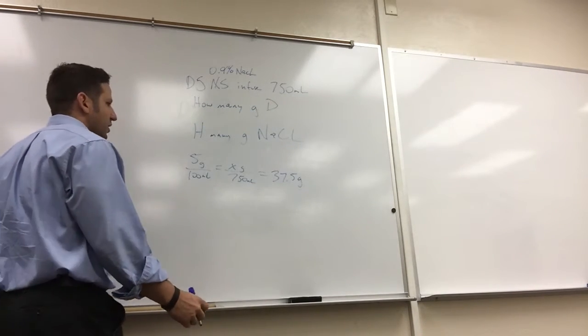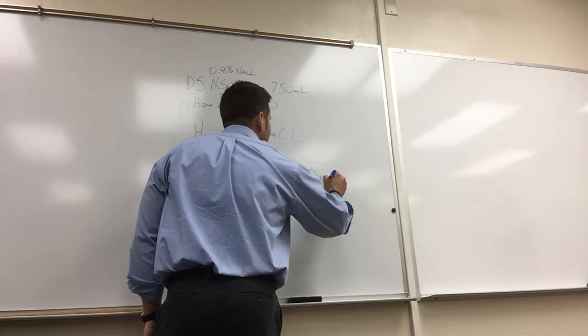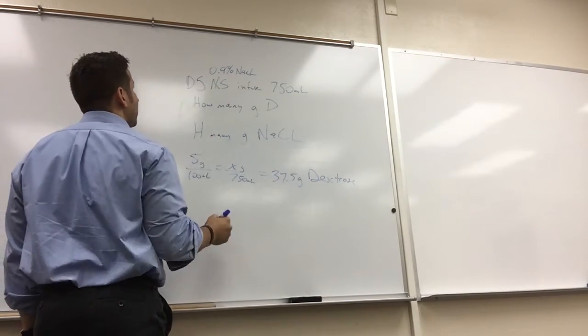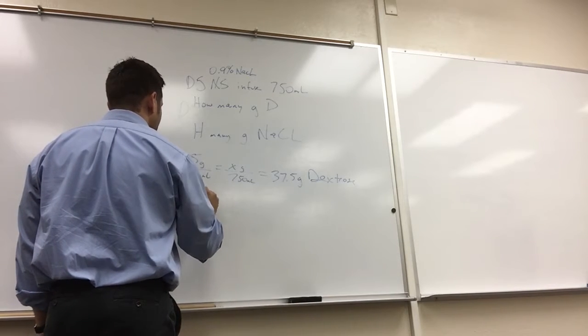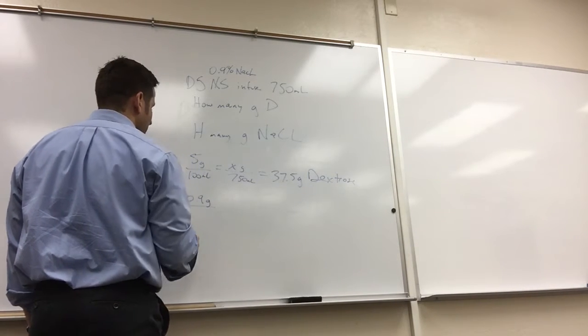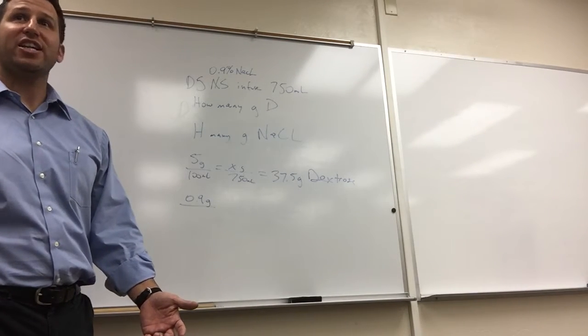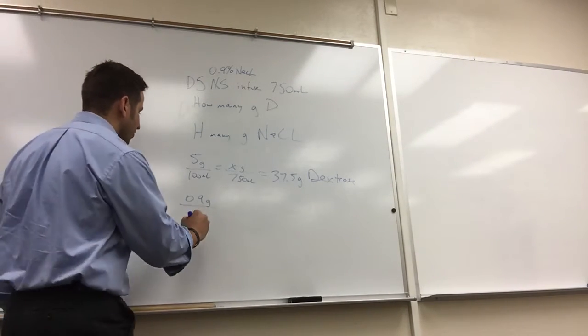So that's one. Make sure you label. Now I have normal saline to do. Does that make sense? 0.9 grams, you just take the percent sign, add a gram to it, and put it over 100.